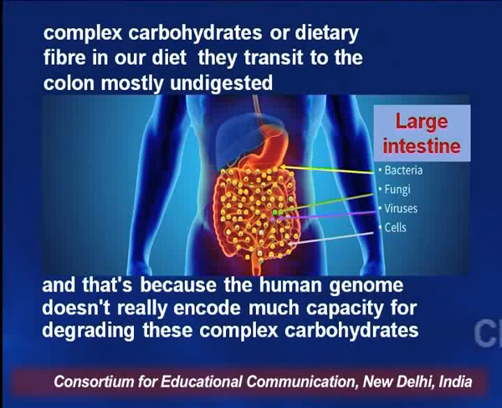Our body will not digest these fibers; they go directly to the large intestine, and you don't get the benefit of these carbohydrates. Why does this happen with us? Because our genome does not encode the genes for degrading these complex carbohydrates. If you want to get the benefit of this, we must harbor bacteria which can digest them and give us their benefit in our large intestine.